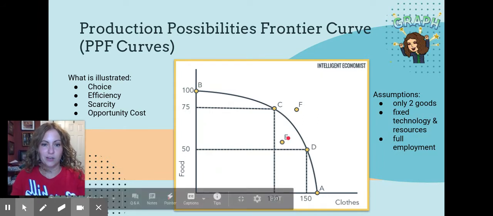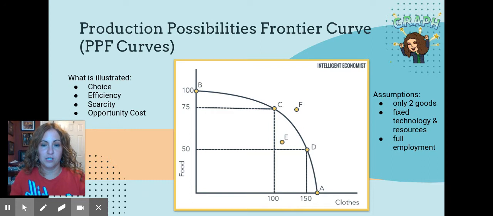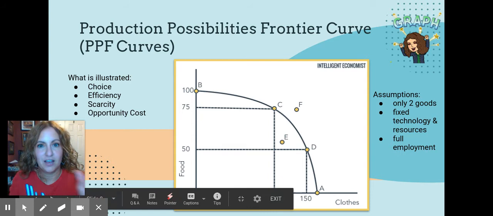Like you can go from E to C or E to D and not lose any of the other units. So you get more without any cost, which is why it's not good to be inefficient, because you could be getting more without any loss to yourself. Why would you not do that? That's silly. So we're going to stay on the frontier.